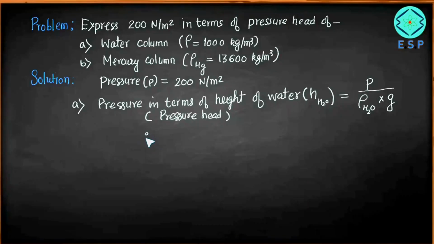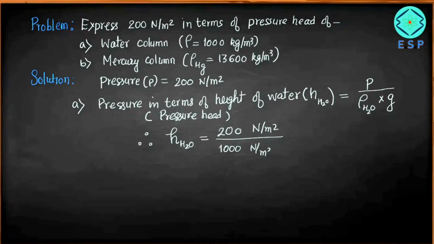So pressure head in terms of water will be 200 newtons per meter square divided by the density of water, 1000 kg per meter cube, into g. g is 9.8, friends.